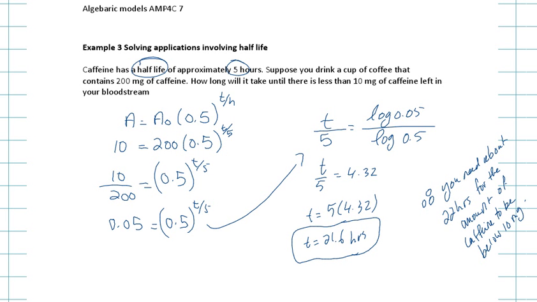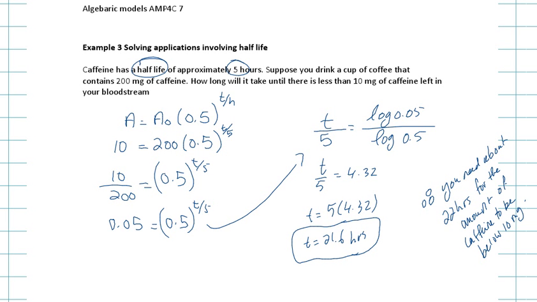Now I'm going to ask you a question. If the question is asking how much caffeine you would have in your bloodstream after 1 day, what do you do? Change the 1 day to 24 hours.